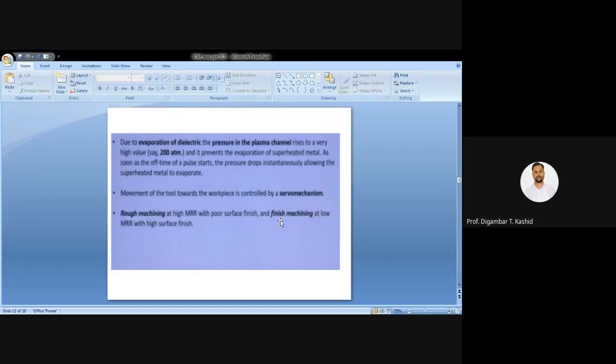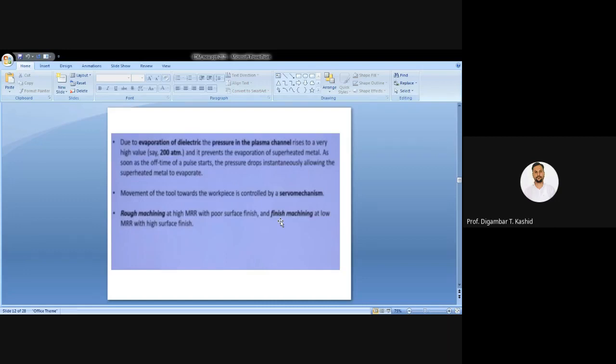To get rough machining at high material removal, you will get a poor surface finish, and for finish machining you will get low material removal but high surface finish.